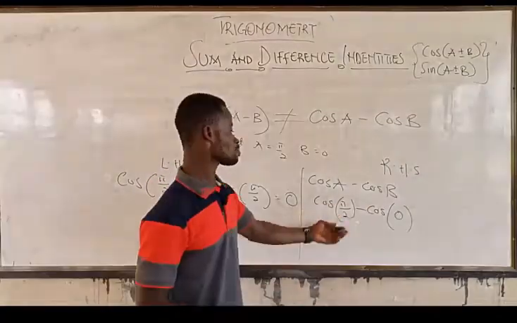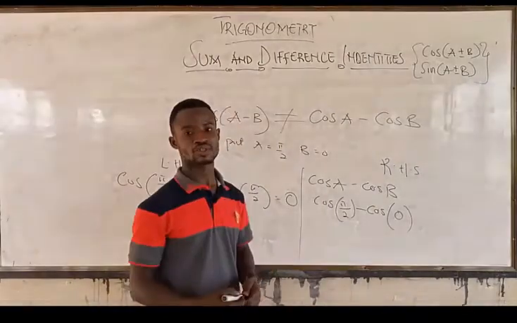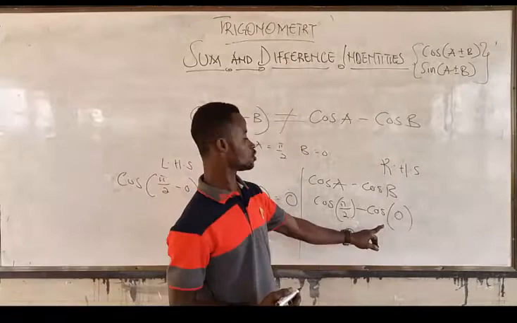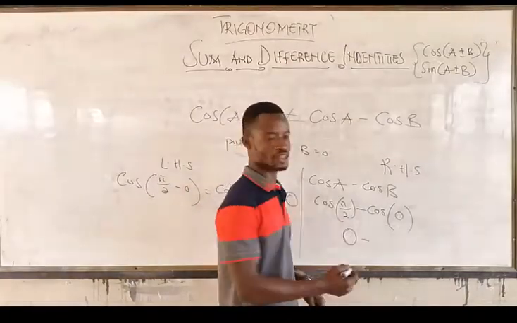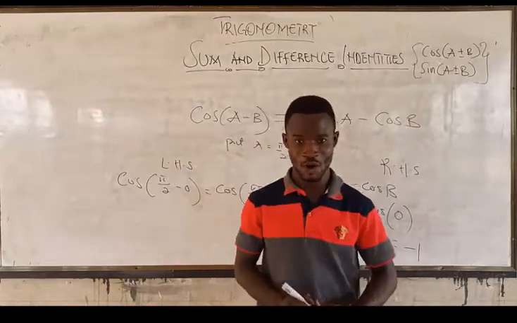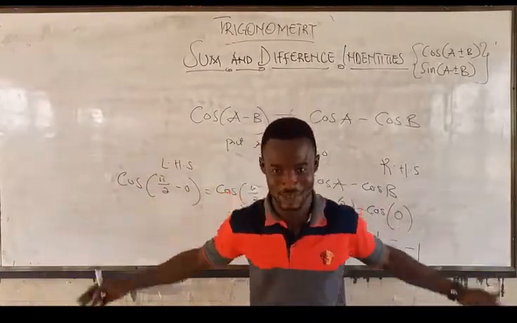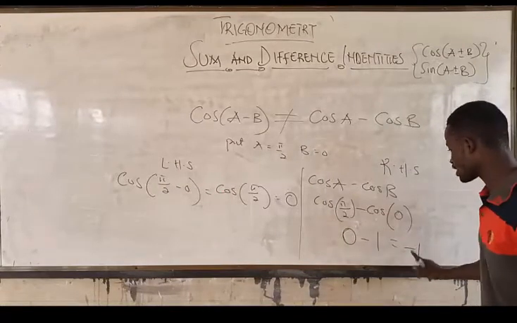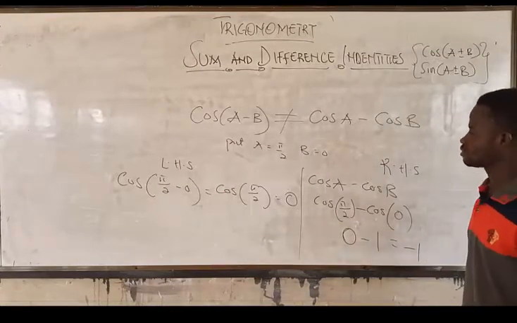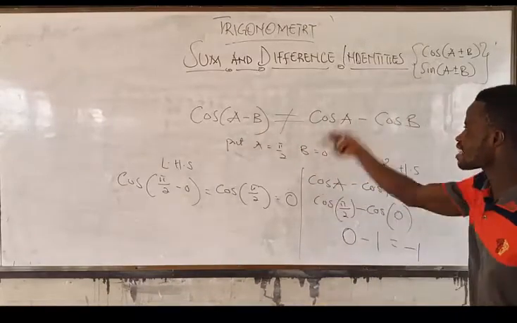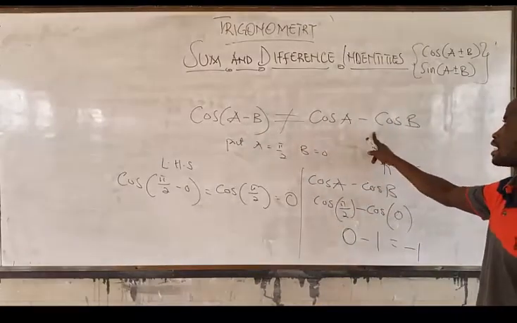Here cos pi over 2 is going to give you 0, and cos 0 will give you 1. So with this, we get negative 1. I hope you can see that. The result here is 0, and the result here is negative 1. So that is telling you that cos(A minus B) is never the same as cos A minus cos B.